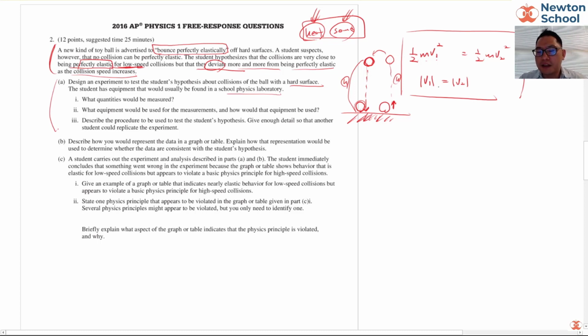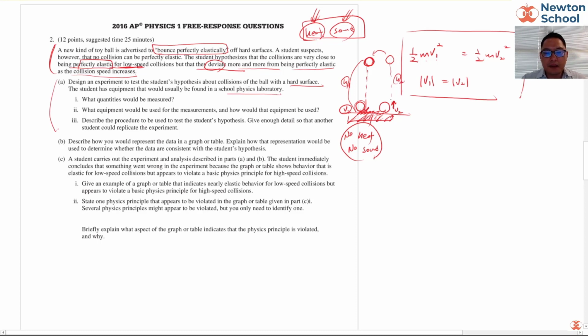But if you think about it, this only happens if there's no heat or sound or any type of energy loss in the collision. So either you can measure velocity before collision and velocity after collision and say they are equal, or you can measure initial height and final height and check that they are equal.